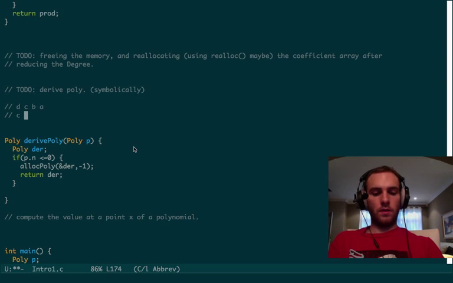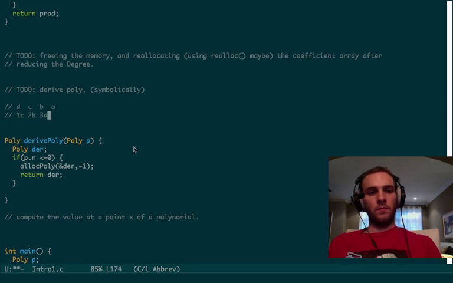B times x squared becomes 2b. And a times x cubed becomes 3a, right? And you can put a 1 here. There's nothing here.